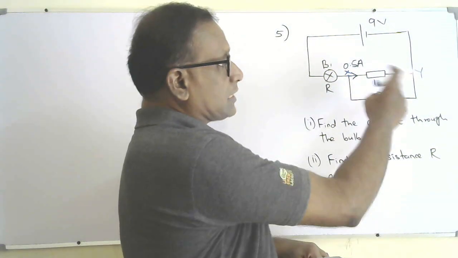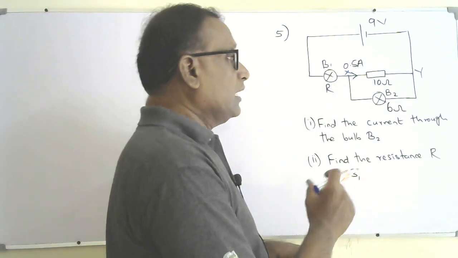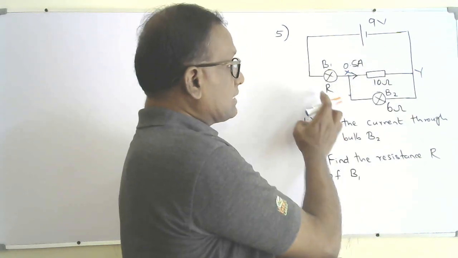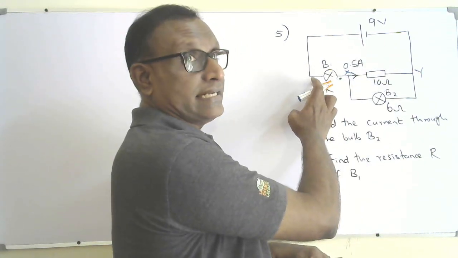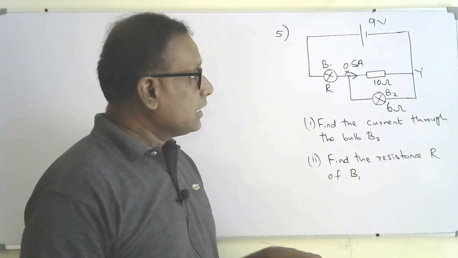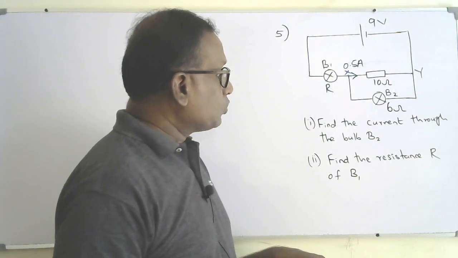With that equivalent resistance, the bulb B1 is in series. Find the current through the bulb B2.